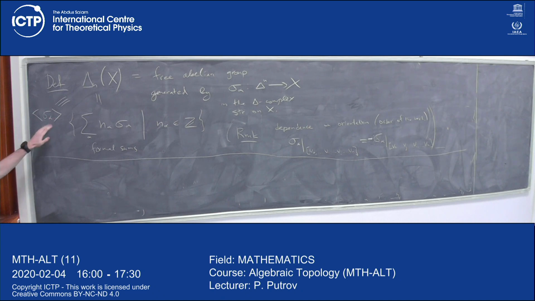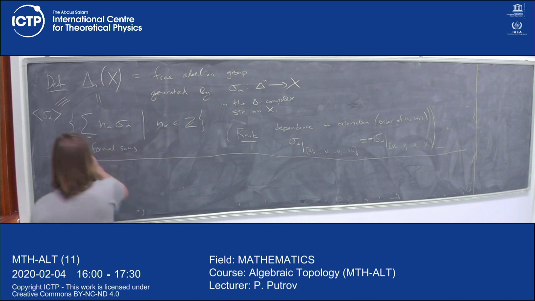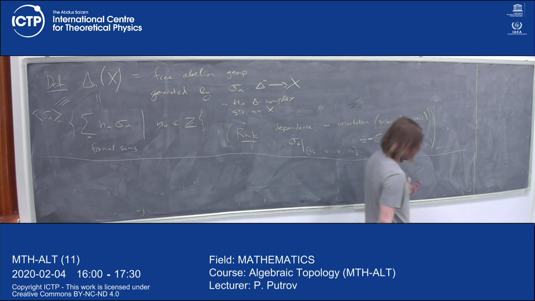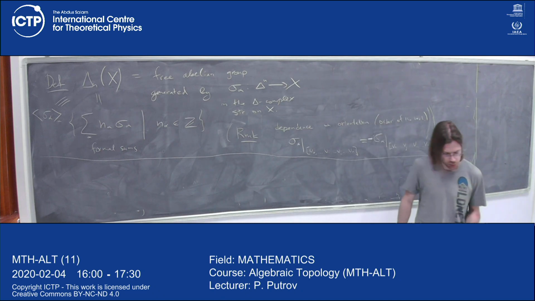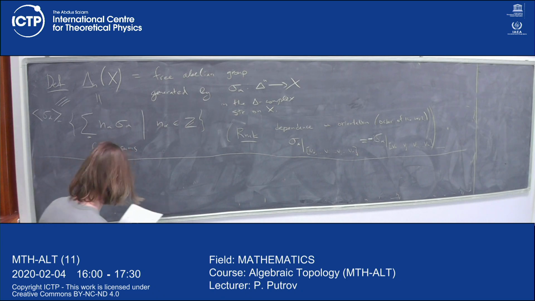Before, it's a bit of an overloading of notation, because we used these brackets to denote a free group generated by the corresponding elements. But since from now on we are going to talk about abelian groups, this shouldn't cause any confusion.